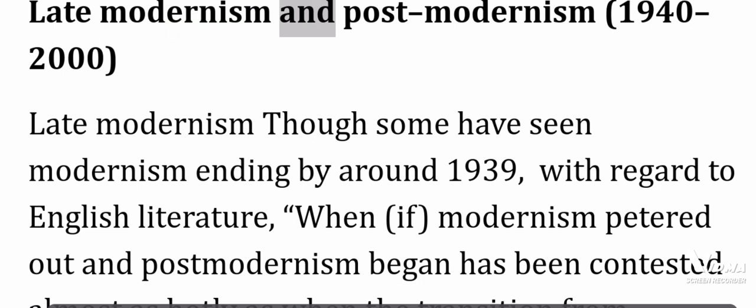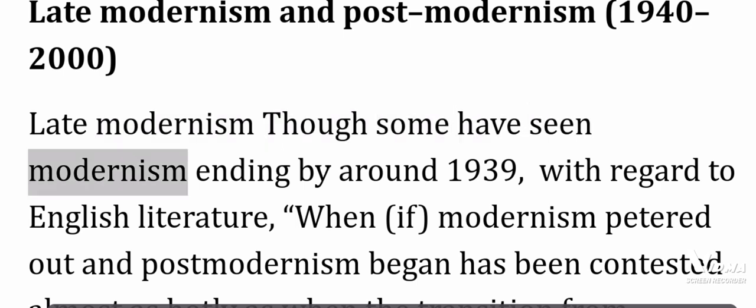Late Modernism and Post-Modernism, 1940 to 2000. Late Modernism.